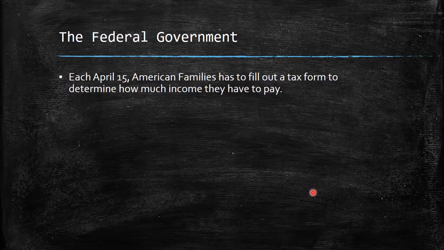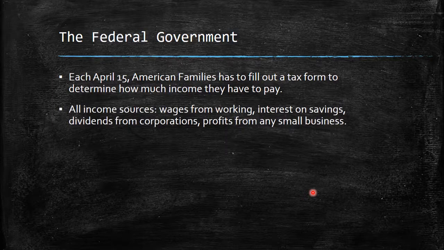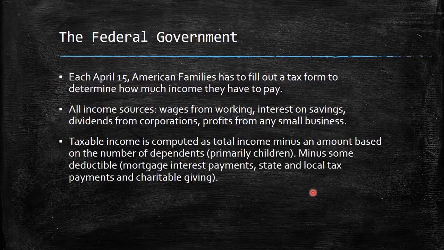And here, just to have a little more information, each April 15th, American families have to fill out a tax form to determine how much income tax they have to pay. They have to declare all income sources, as for example wages from working, interest on savings, dividends from corporations, and profits from any small business they have.